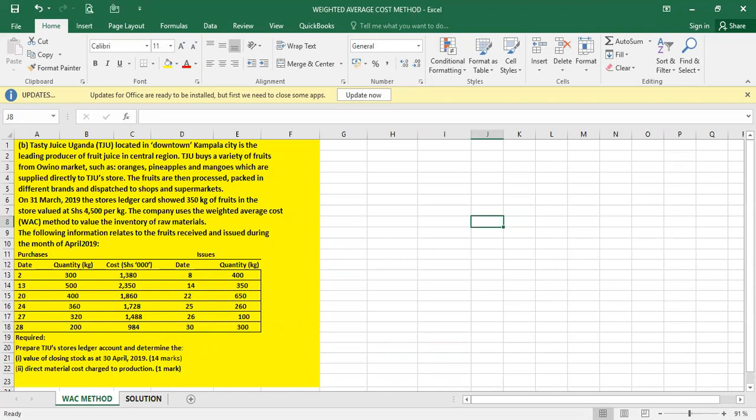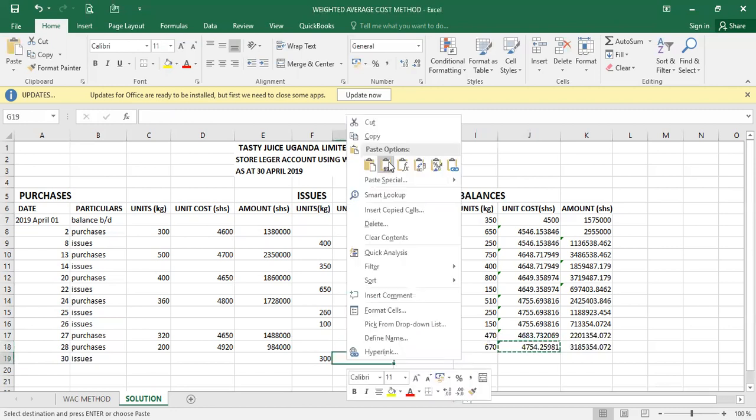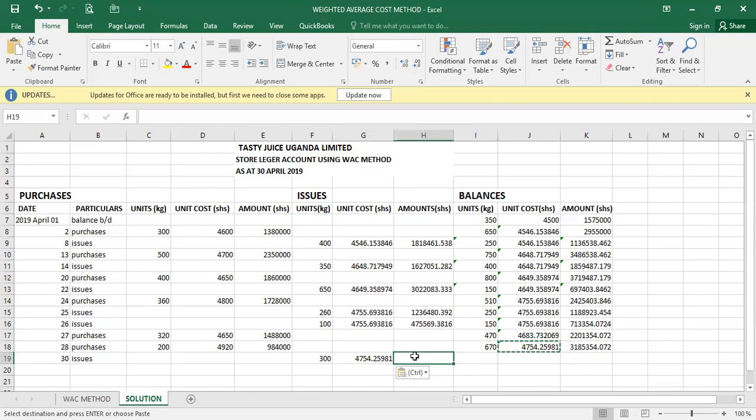On 30th, this is the last transaction, we issued out 300 units. These are issues, and these 300 units were valued at that. So we copy that and paste it here. Then we can get the total cost, which is this multiplied by this.